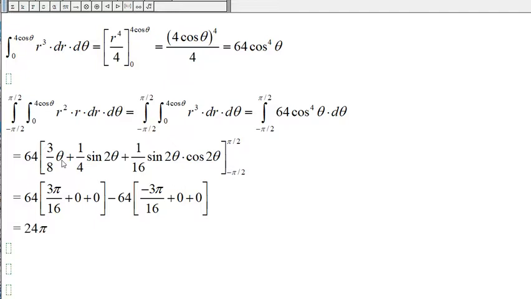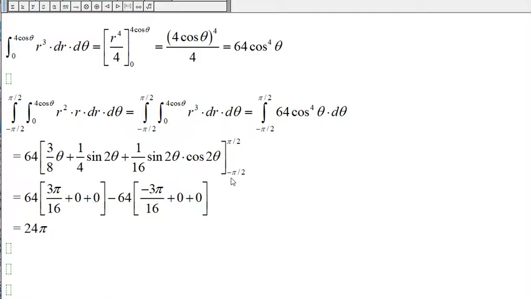When theta is pi over 2 here, we get 3 pi over 16. For theta equal to pi over 2, 2 times pi over 2 is pi. Sine of pi is 0. And same here, sine of pi is 0.